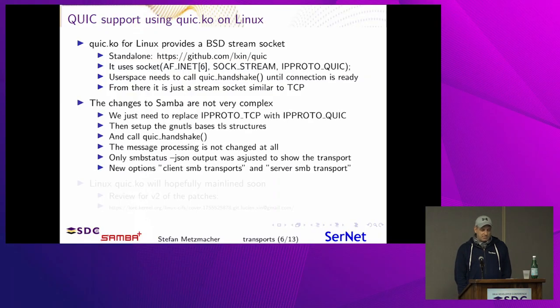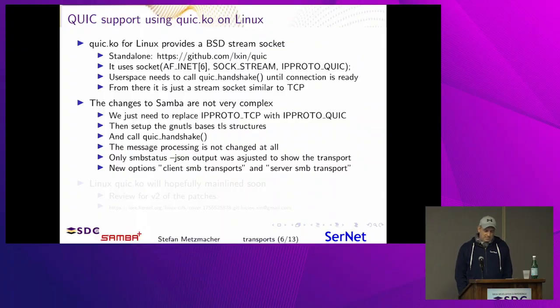So the changes to Samba are very easy, not very complex. Basically, we just need to replace IP proto TCP with IP proto QUIC, set up some GnuTLS structures, call the QUIC handshake on startup, and from there everything is the same as with TCP.